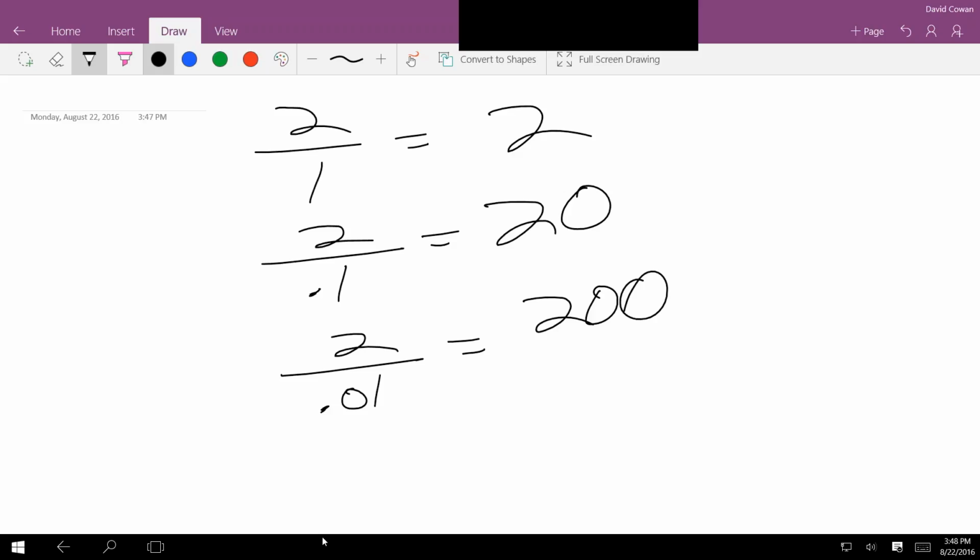Equal to 200. Make the bottom smaller still. Can you see why the limit of 2 divided by x as x goes to 0 is infinity? Okay? As that denominator gets smaller and smaller, the result gets bigger and bigger. And that's the key.